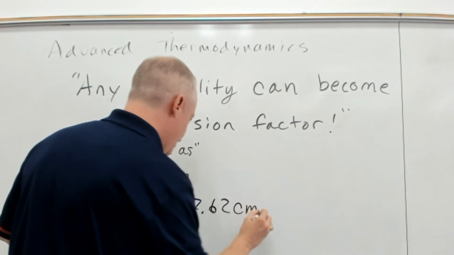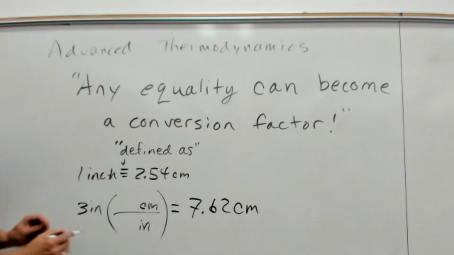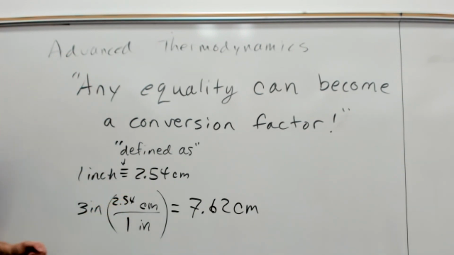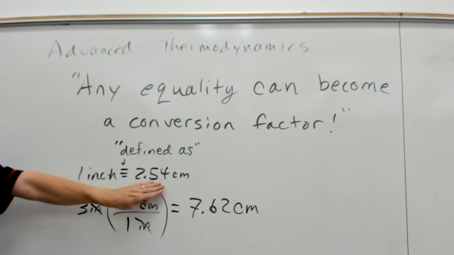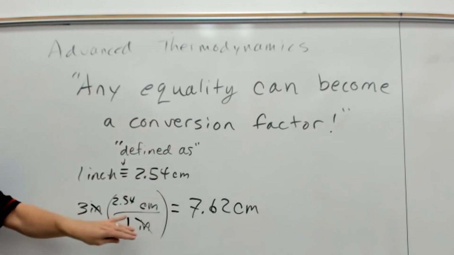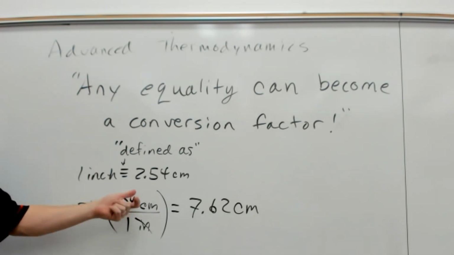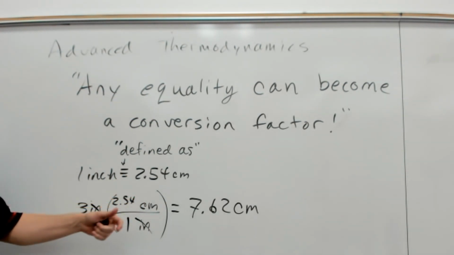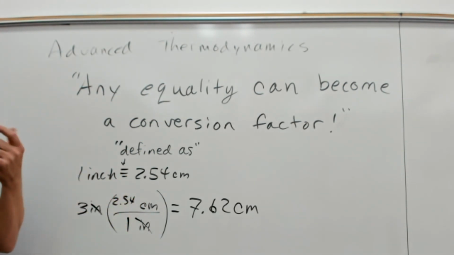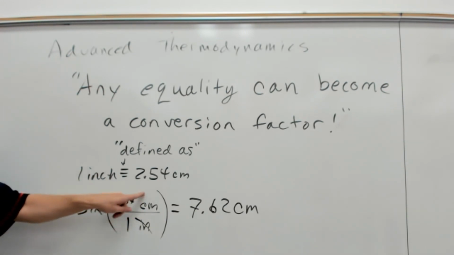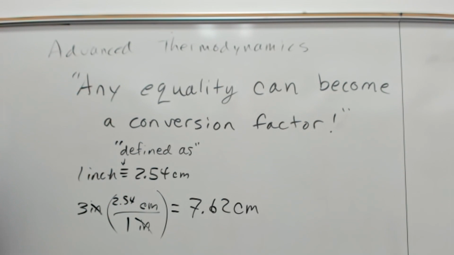But what I want you to see is the units. I want to go ahead and put these in here so that you can see that any equality shown here can become a conversion factor. And you can write them upside down or right side up. There is no upside down or right side up. Okay? And why is that? Well, if you think about it, if this is equal to that, then you're just multiplying by 1.